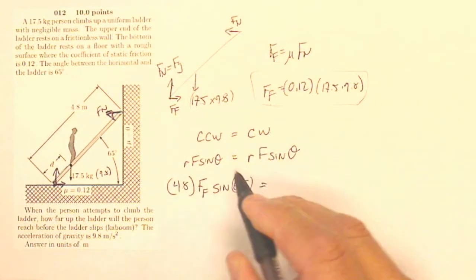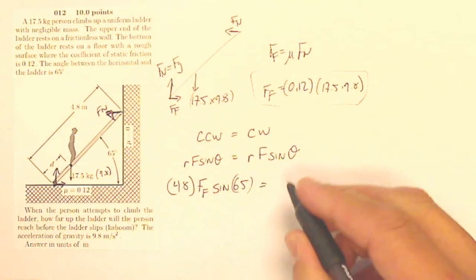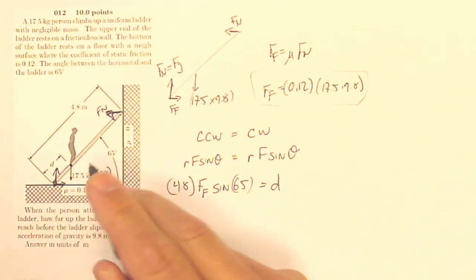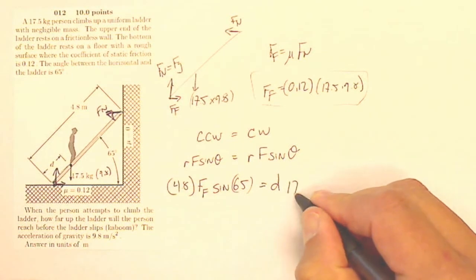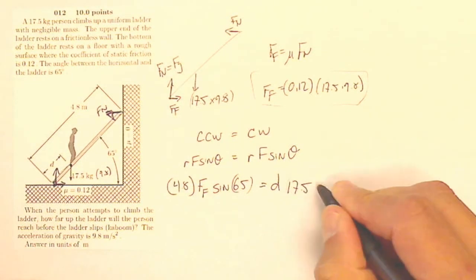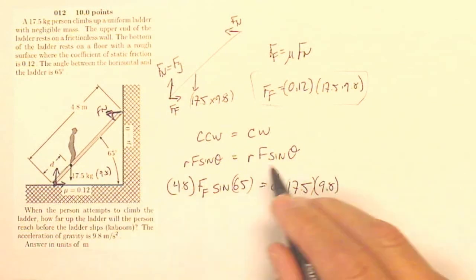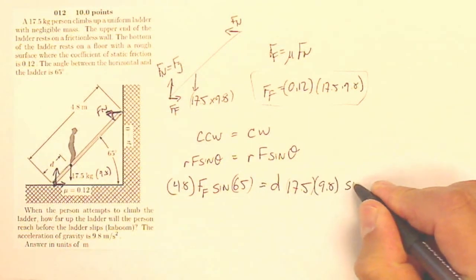This is going to equal the person's torque. So r is what I'm looking for. That's actually the distance the person is. The force is going to be the force of gravity, 17.5 times 9.8. And sine theta is what I need to figure out here.